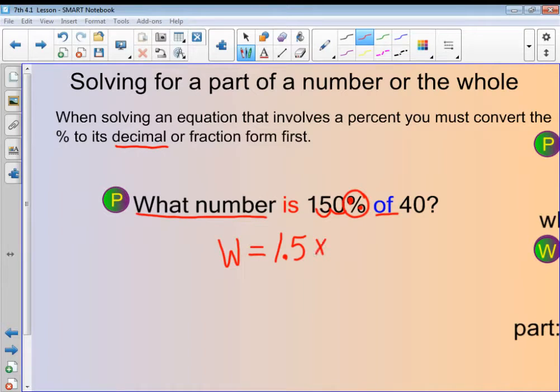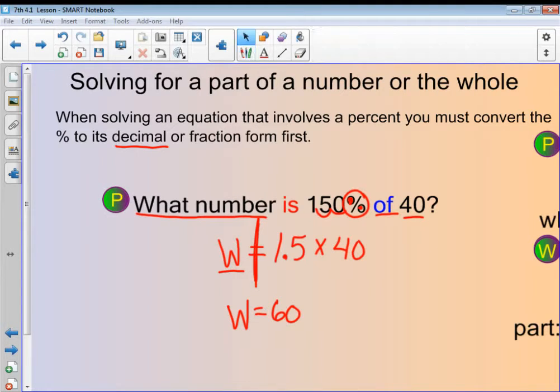Of means times 40. So once again, check to make sure where your letter is. Here's our equal sign, and W is by itself. So I can go ahead and do 1.5 times 40, and that gives me 60. So I just found out that W equals 60. So 60 is 150% of 40.